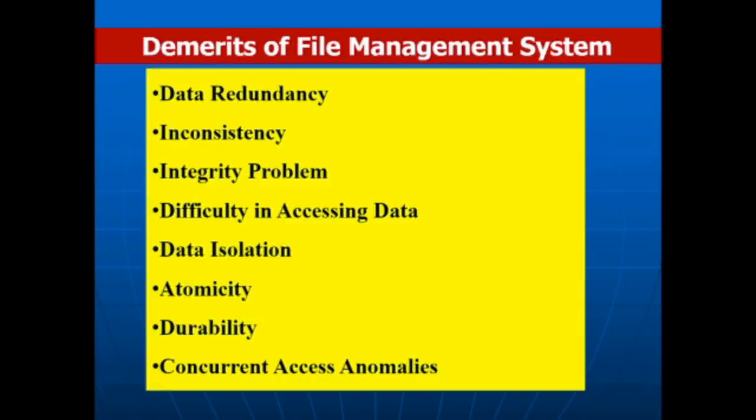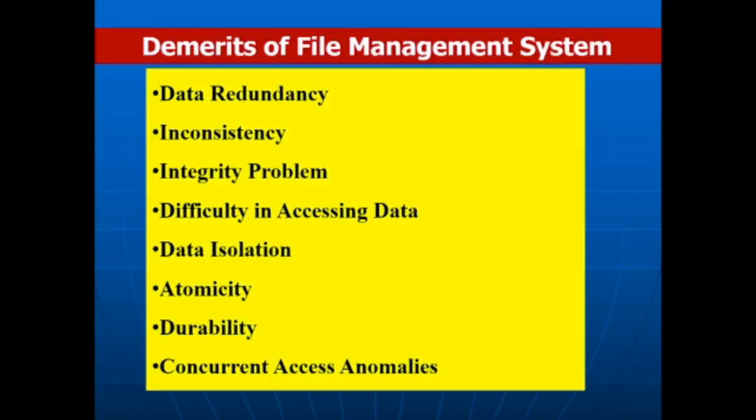So what are the demerits of file management system? Let us discuss one by one. Data redundancy, data inconsistency, integrity problem, difficulty in accessing data, data isolation, atomicity, durability, and concurrent access anomalies. These are the limitations of file management system. When we go to the database system, these drawbacks can be overcome.